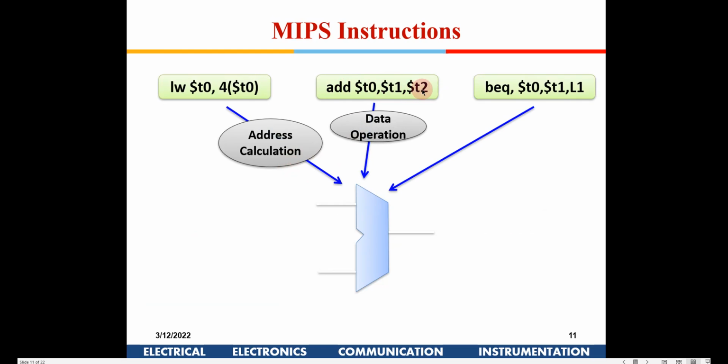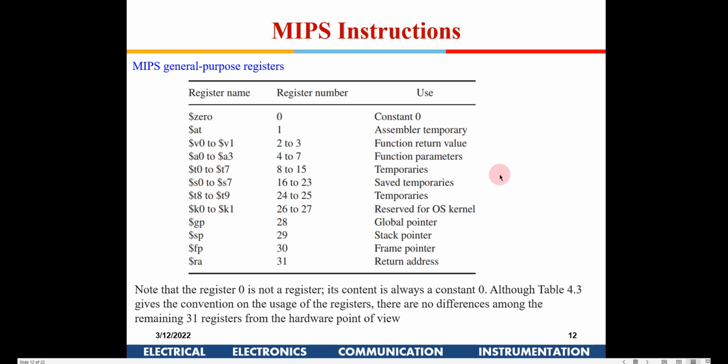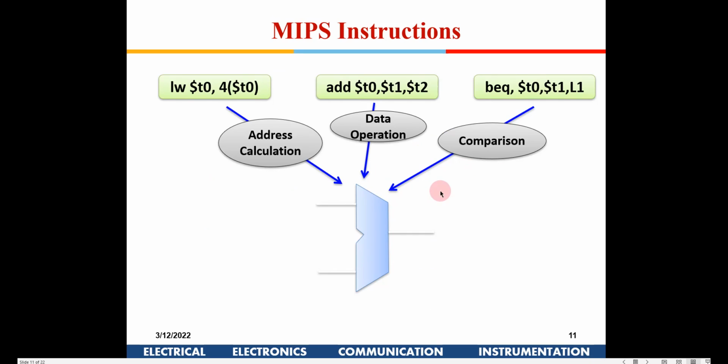When I give arithmetic or logical operations, it does the data operation. And when I write branching commands, it compares two data values and accordingly updates the program counter value, so that it jumps to the corresponding new address depending on the condition satisfied after comparison. These are the kinds of instructions done by the ALU.